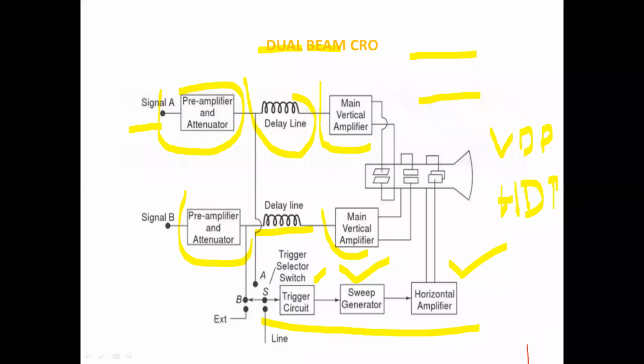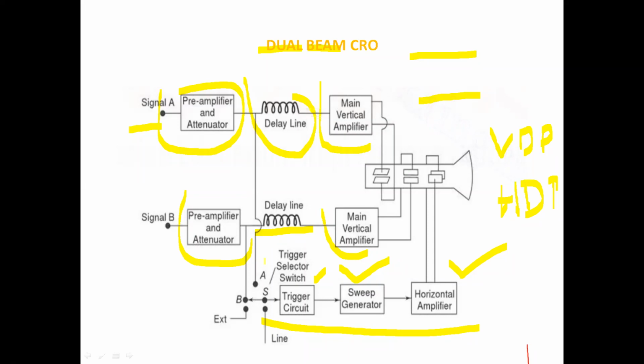Even though there are two inputs on the y axis, the x axis is common. Therefore, the signals must have the same frequency. Compulsorily, signal A and signal B must have the same frequency because the time axis is common. The y axis is different, but the time axis, the x axis, is common. So the signals from the two pre-amplifiers or the two main vertical amplifiers must have the same frequency.